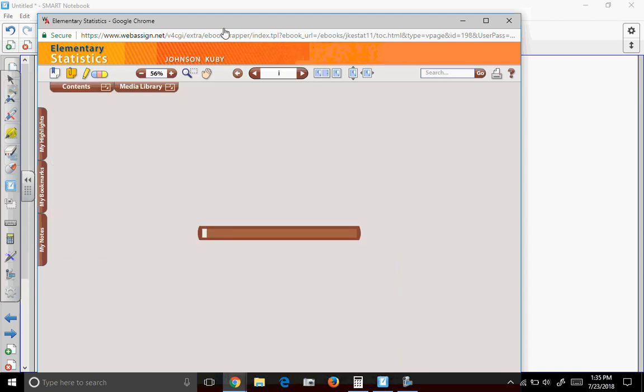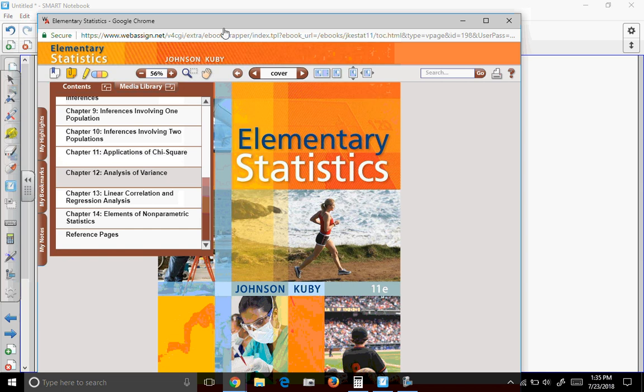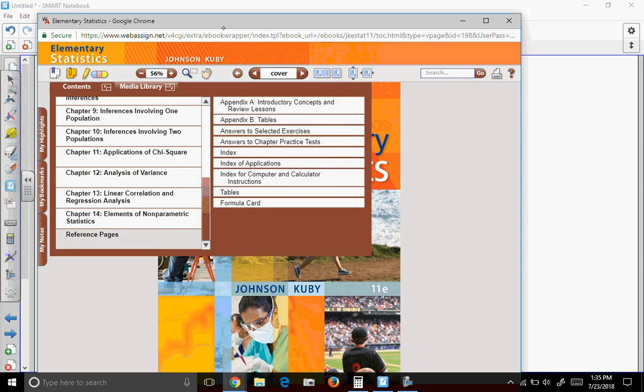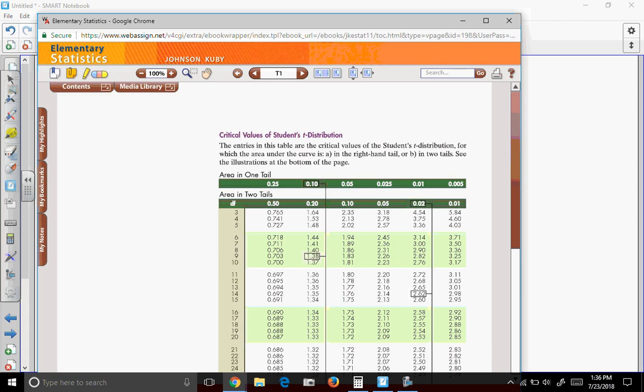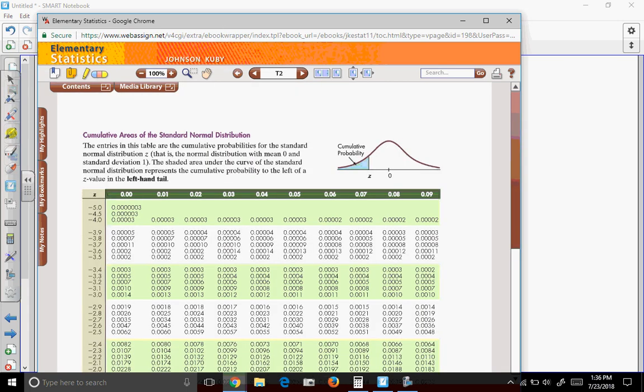We may also be able to, okay. I thought if I clicked up there, it would get us there as well. All right, here we go. So if we go to reference pages, and then we could go to Appendix B tables. Let's see if we go to tables here, what it does. All right, here we go.